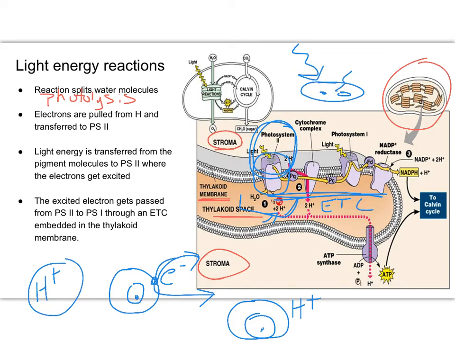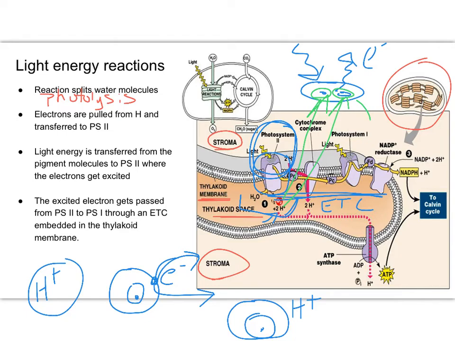They get a huge input of energy and they jump up and they leave. So now these 2 electrons have left. Well, now I have 2 big holes in this photosystem. I have 2 energy holes in this photosystem that I need to fill. That's why we're splitting the water. I can fill these holes with these electrons that came from splitting the water.